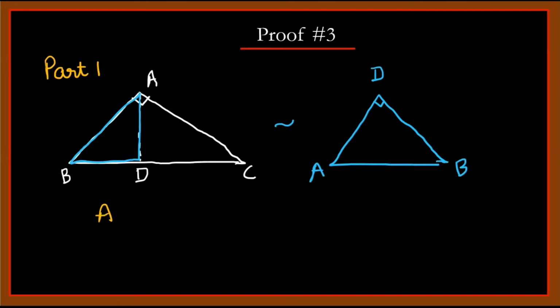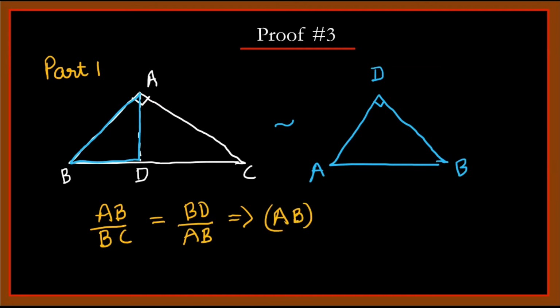Similarly, in the triangle DAB, the side BD is proportional to base AB because similar triangles have the same side proportions. Do cross multiplication and we get AB square equals BC multiplied by BD, which is our first equation.